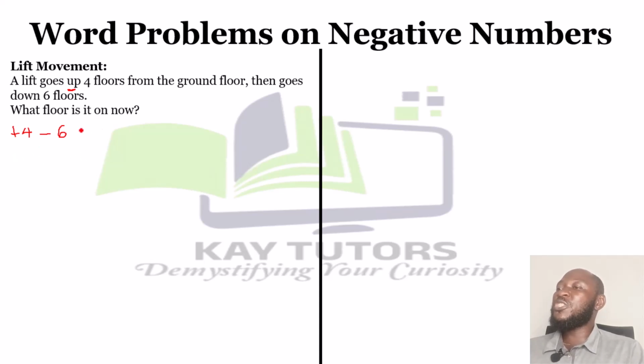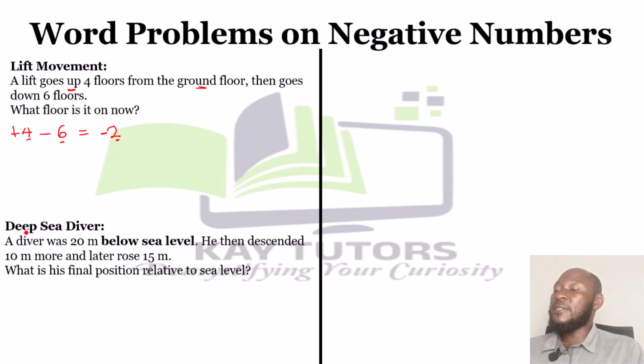Without wasting much time, 6 here is bigger than 4, and we have negative signs here. 6 take away 4 is what? 2. Since 6 is bigger than 4 and 6 is carrying the negative sign, our answer is minus 2. The lift is 2 floors below the ground floor.